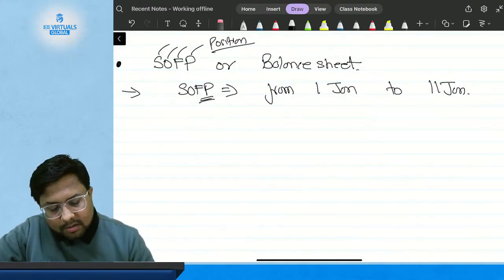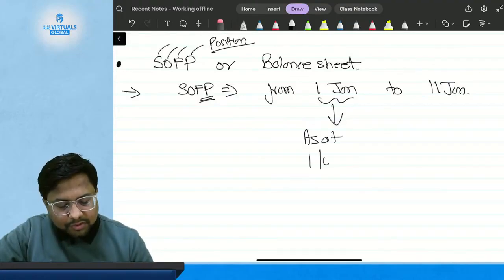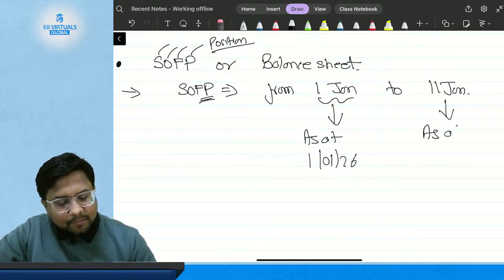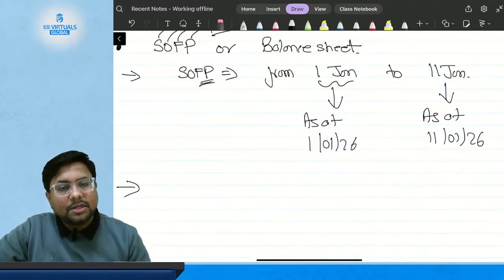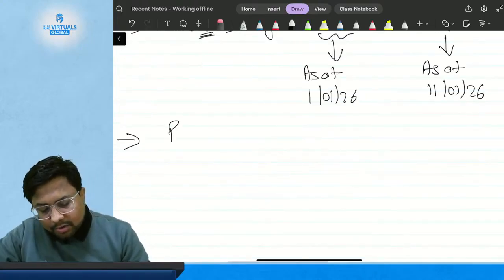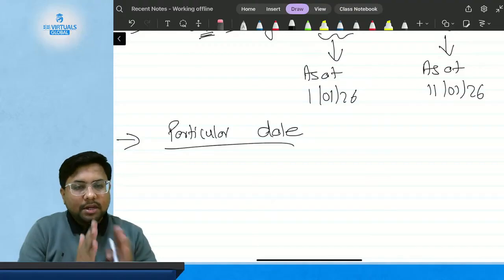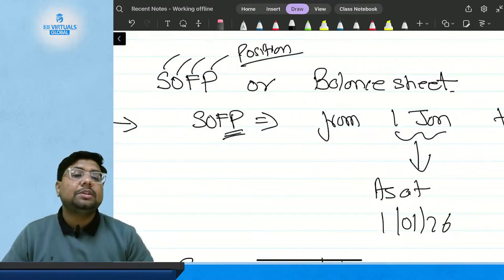So either you can have the SOFP as at 1st of January 2026, or you can have the financial position as at 11th of January 2026. So what I am trying to tell you is that the statement of financial position can only be prepared for a particular date. It cannot be prepared for a particular period. It is concerned with a particular date. That's why it is called the statement of financial position.